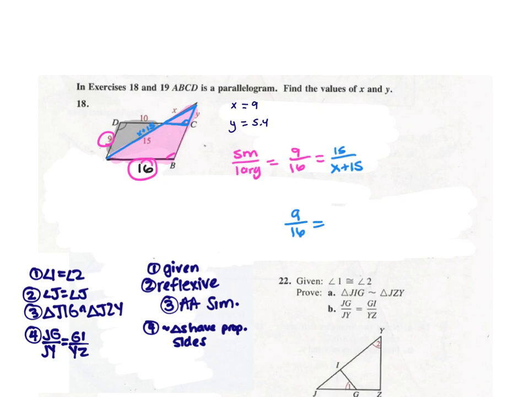So once I get here, once I get x, 9 times 16, 240.